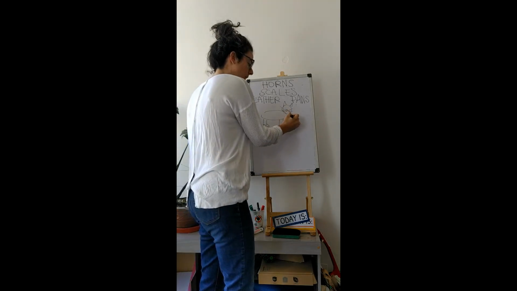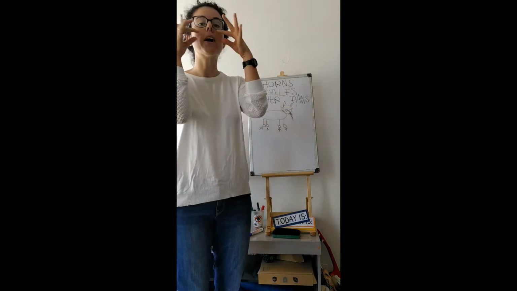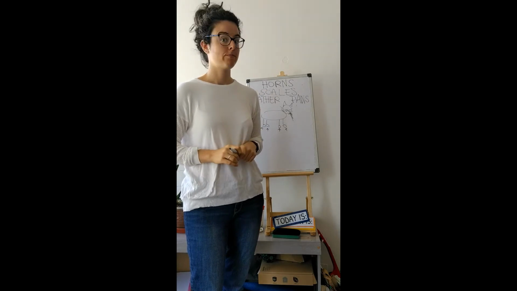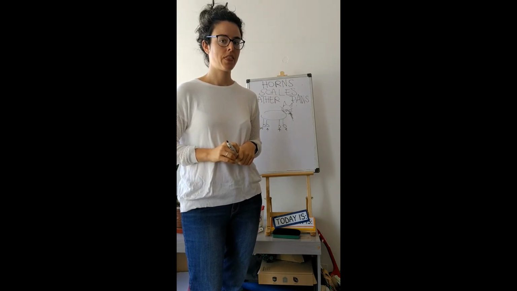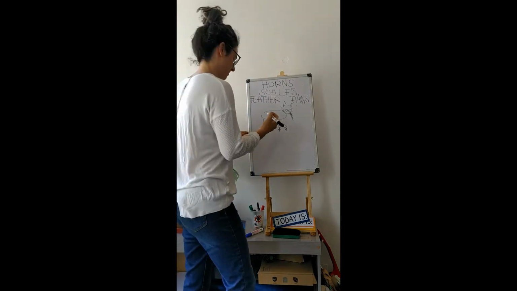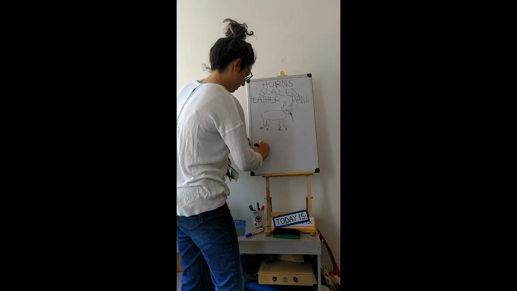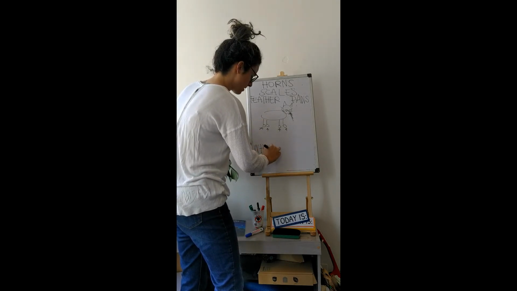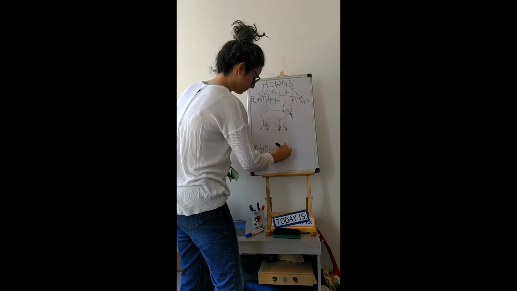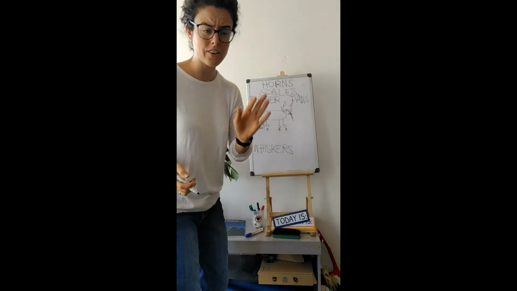And what about this part of the cat or the dog? This part here. Do you know what that word is? Whiskers. I'm going to write it down here. Whiskers. Oh, and another very important part.